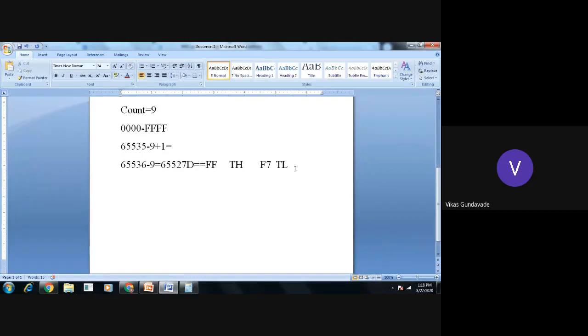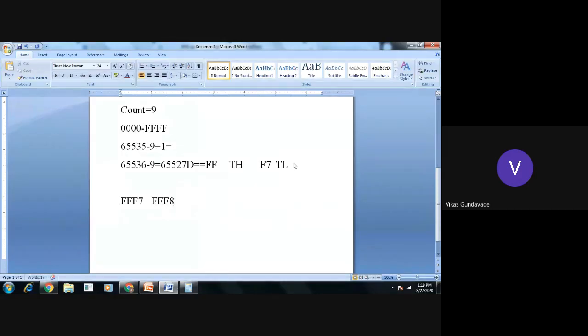So here what will happen? The actual count loaded into the timer will be FFF7. Now when the timer is started, the next count will be FFF8.